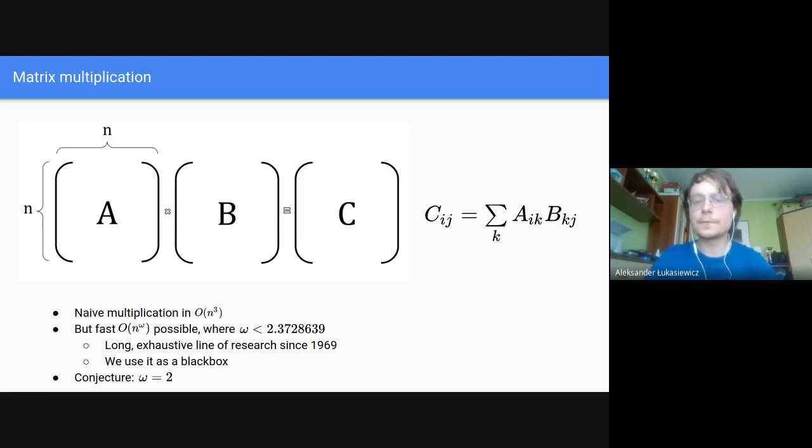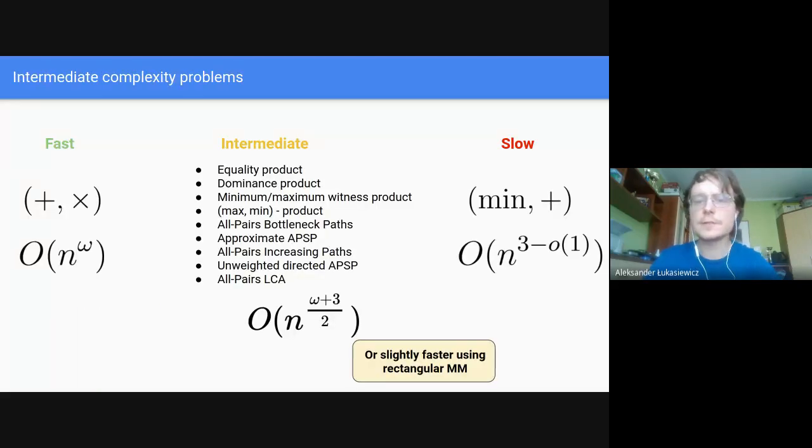Okay, so there is also a pretty big class of graph and geometric problems that actually seems to fall in between these two complexities of n^ω and n^3. We will call them the intermediate complexity problems.